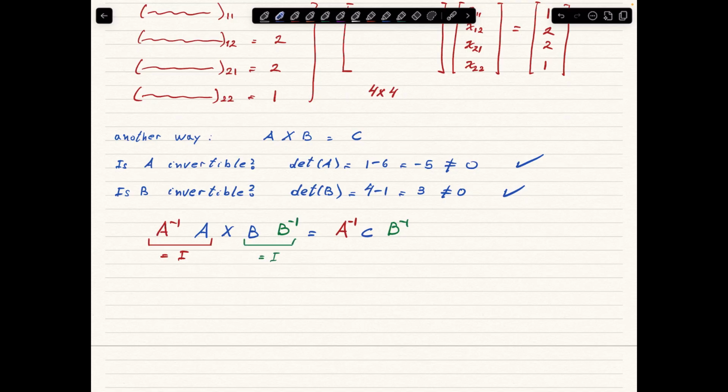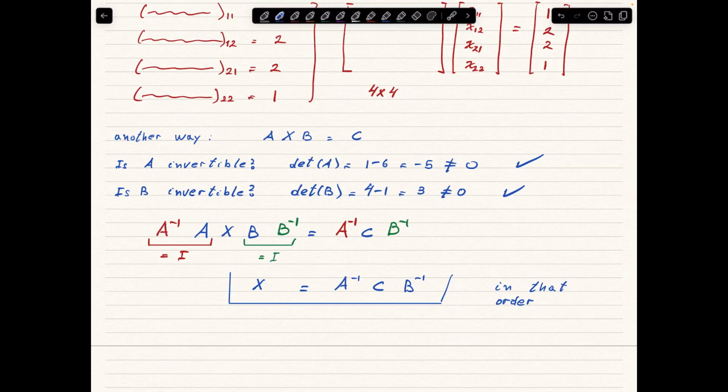So we have a formula for matrix X, and matrix X is nothing more than A inverse multiplied by C multiplied by B inverse, in that order. The multiplication has to be done on the right hand side in that order.